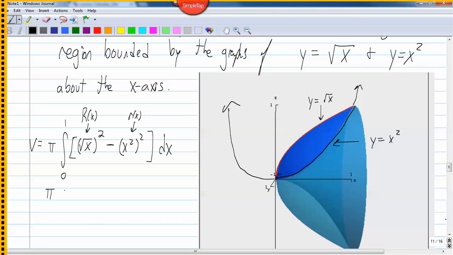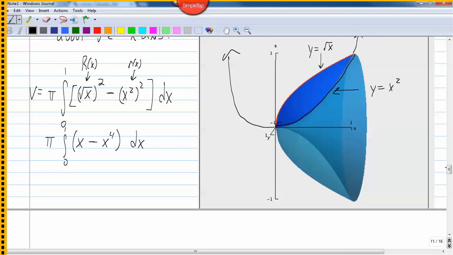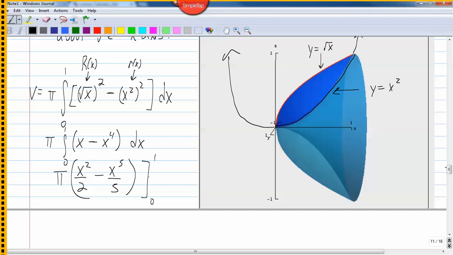All right, so I have pi times the integral from 0 to 1 of, square that, you get x. Square that, you get x to the fourth. Now integrate each: x squared over 2 minus x to the fifth over 5, evaluated from 0 to 1.